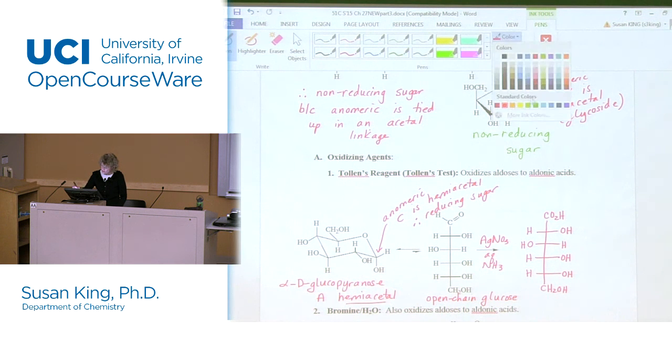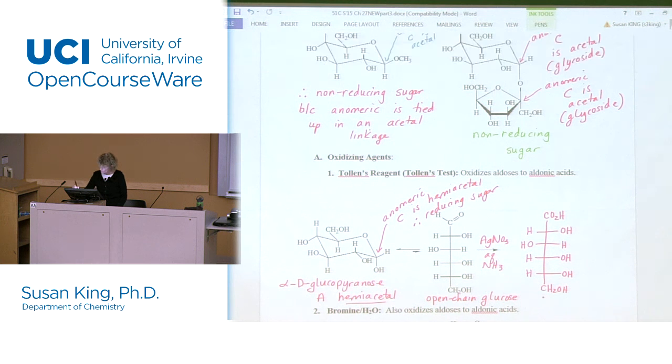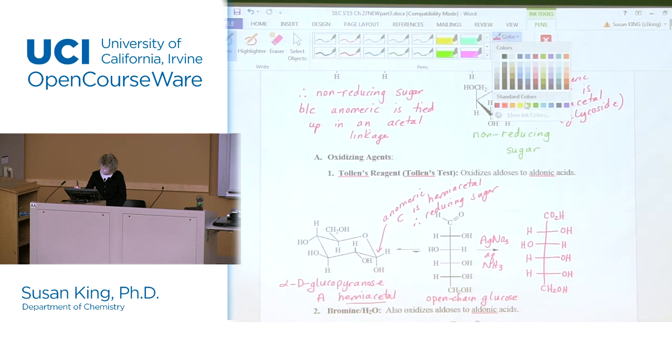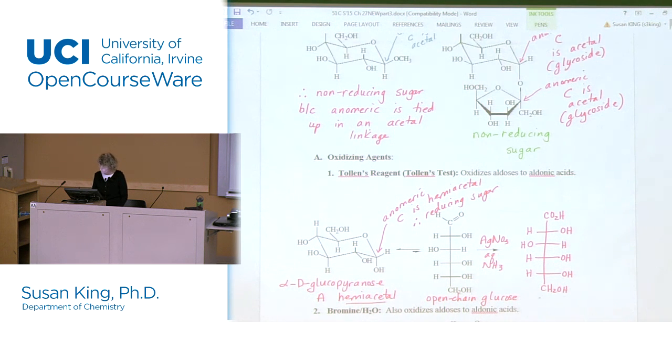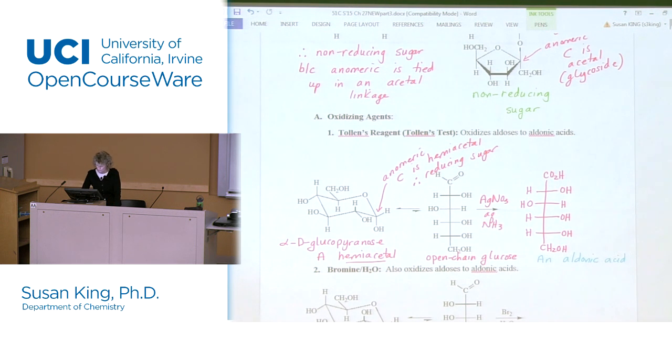And this is called an aldonic acid. That's the generic term for a sugar that's been oxidized just at the aldehyde. It's an aldonic acid. If we want to be more specific, it would be D-gluconic acid.